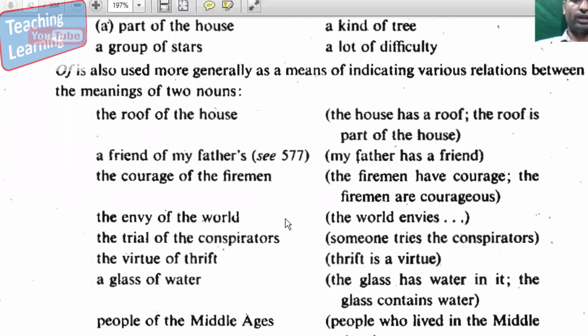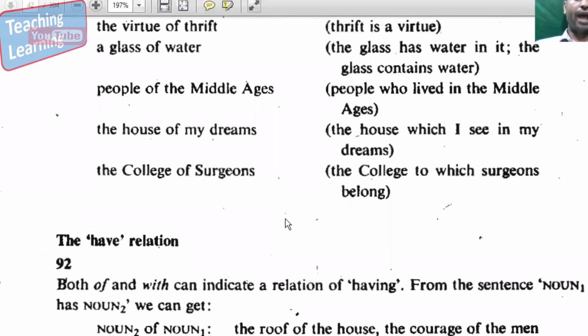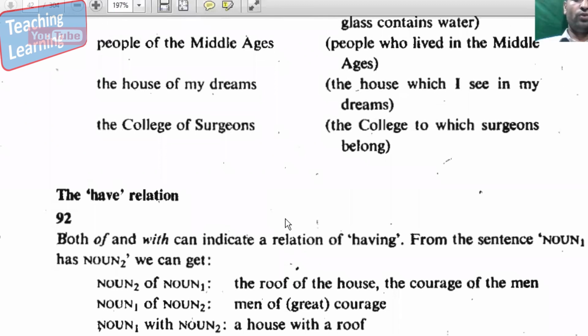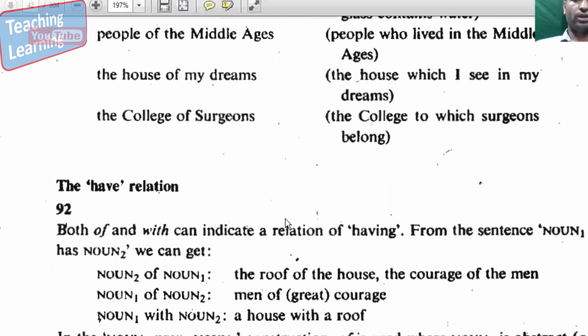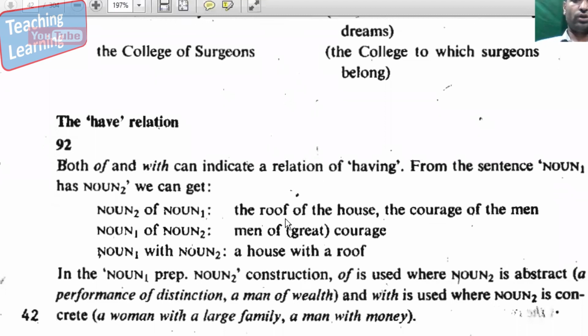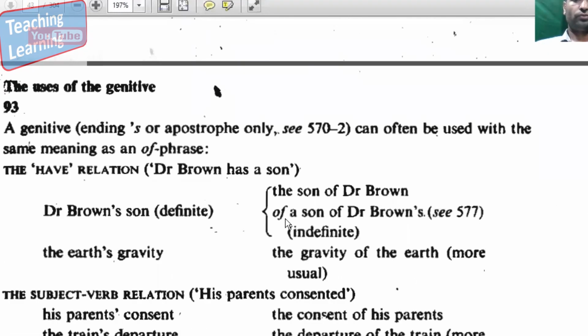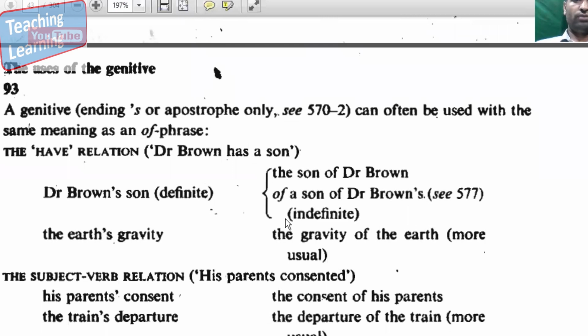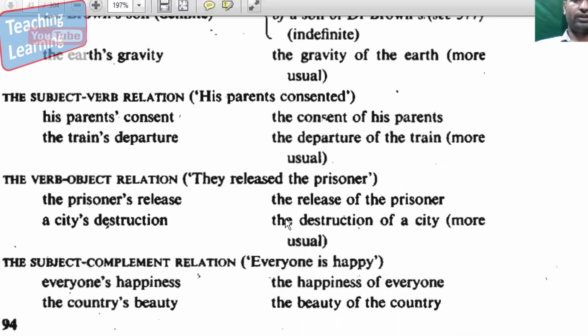So that way we have the relation. The roof of the house, here also the courage of the man, a man of great courage, a house with a roof. That way also we use it. Dr. Brown's son. It is the use of the genitive, and the Earth's gravity.